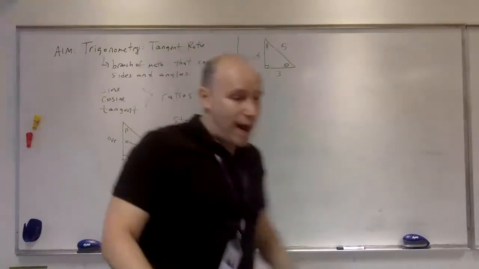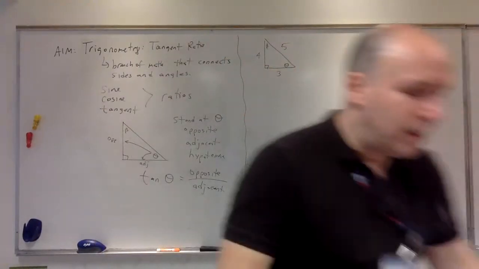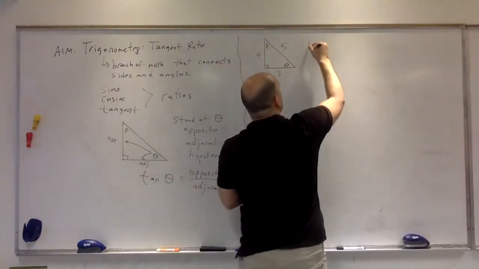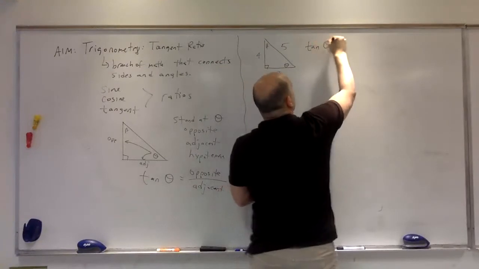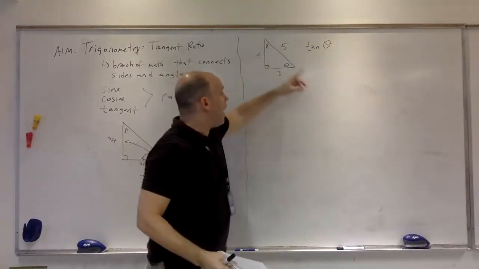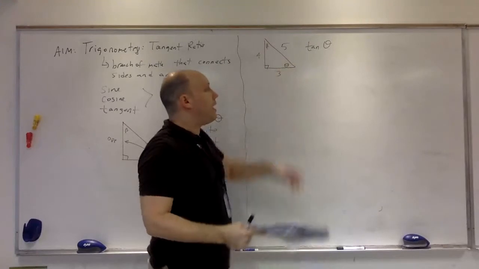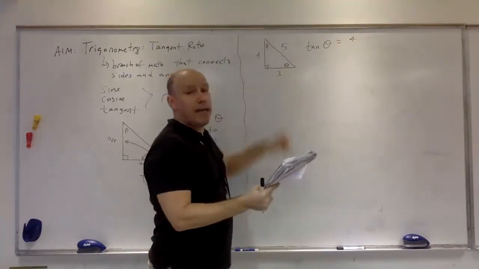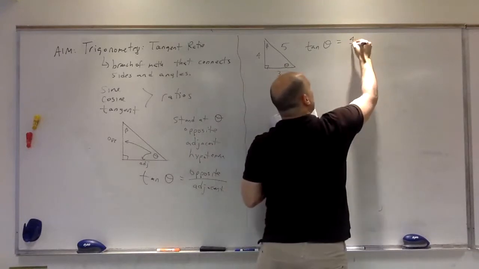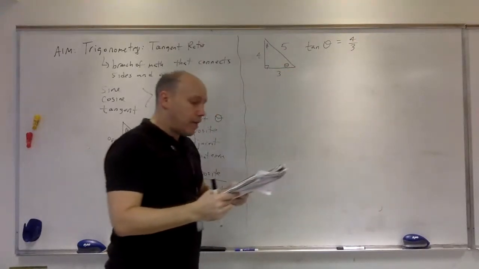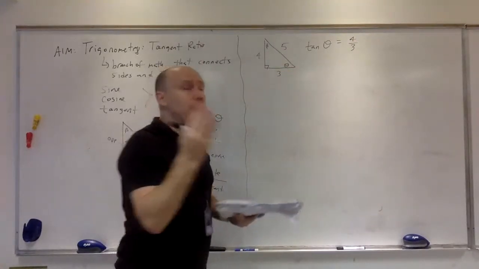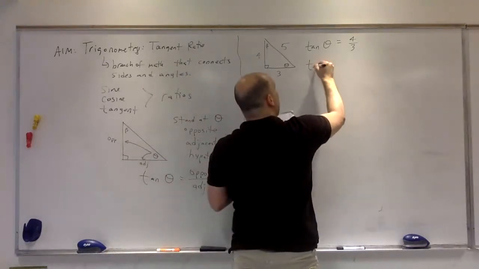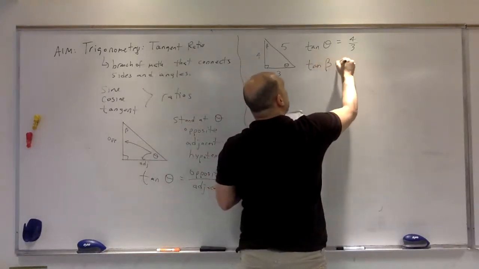If I ask you, what is the tangent of theta? You say, okay, Mr. Adler, I'm standing at theta, opposite theta is 4, and adjacent to theta is 3. Is that the only question I can ask you? You would say no. You could also ask, what is the tangent of beta?